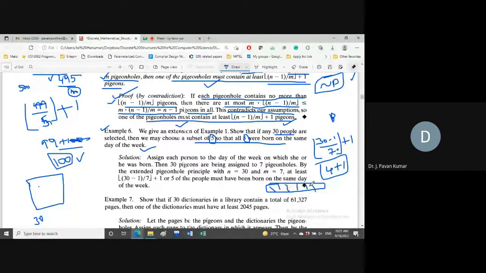Similarly Monday, Tuesday, like this. Then if you choose 30 people, definitely there exists one pigeonhole which contains at least 5. So that means 5 people are born on the same day. That is the claim. Clear?